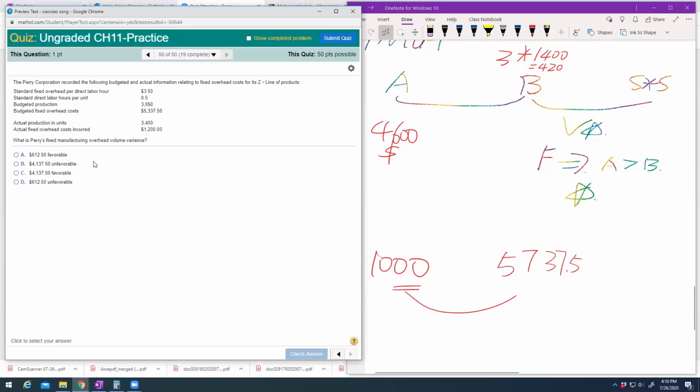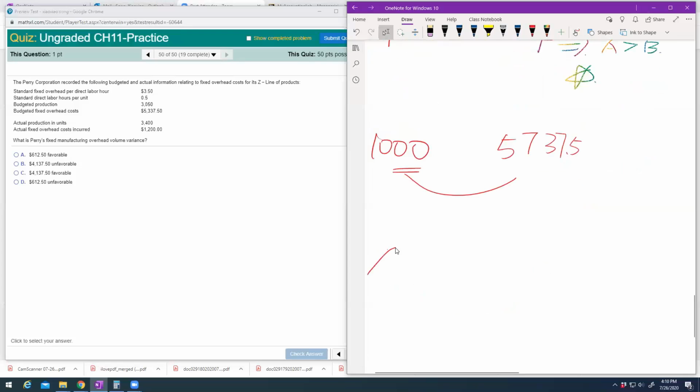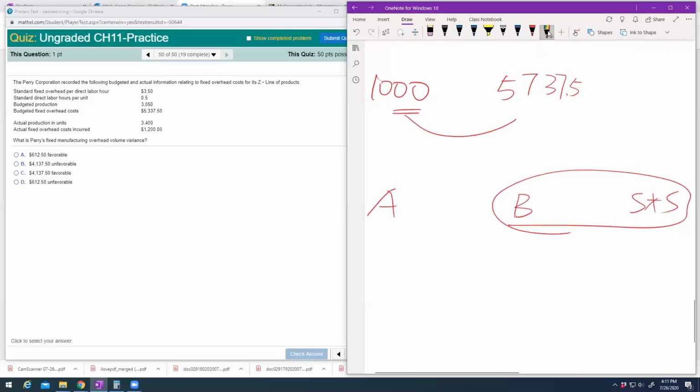Next one, asking you about the volume variance. So that's budget and then standard times standard. So this is your volume variance. How do we get our volume variance? We said the budget is 5,337.5. And our standard fixed overhead per labor hour is 3.5, right?